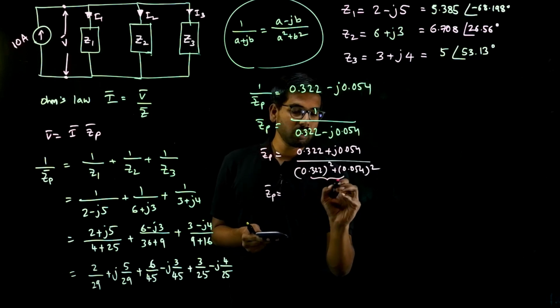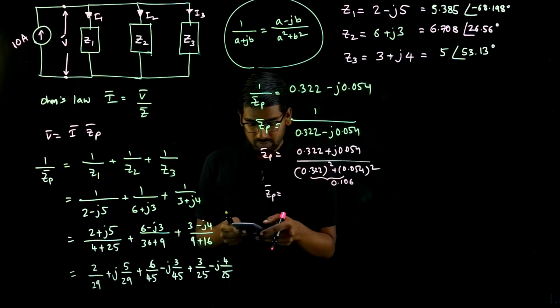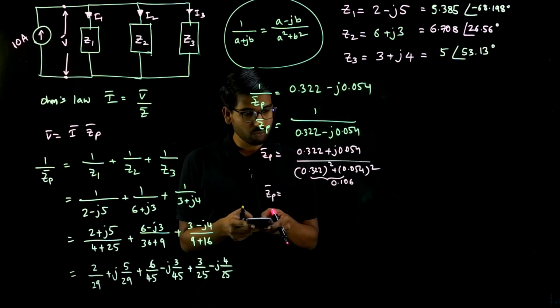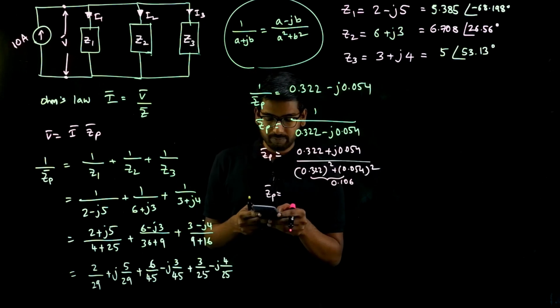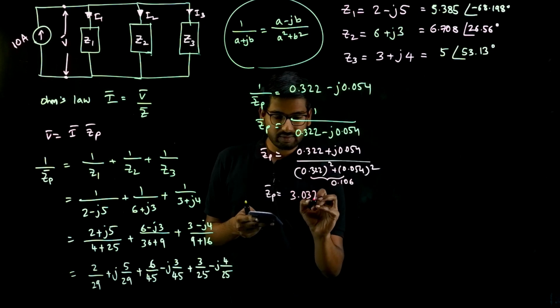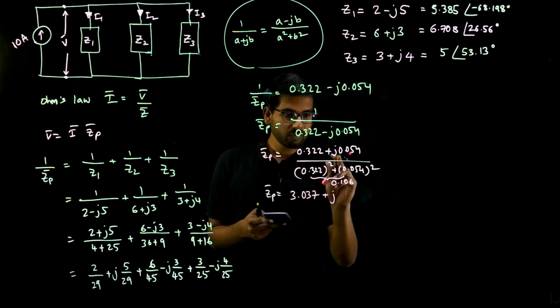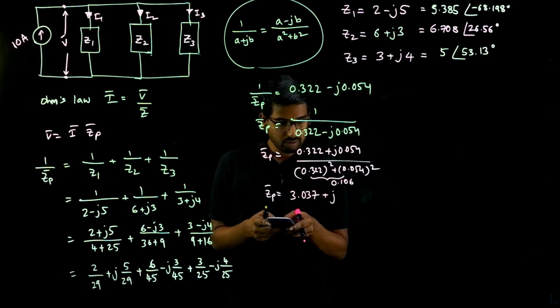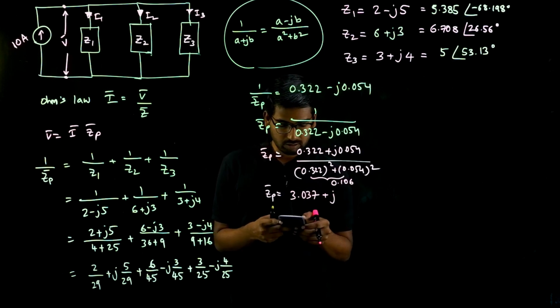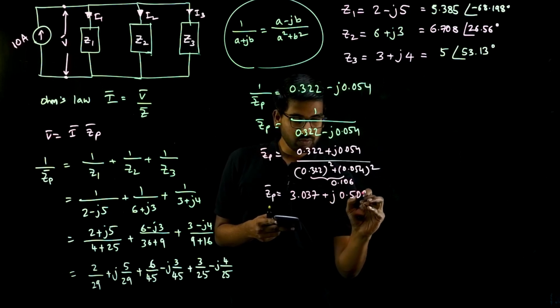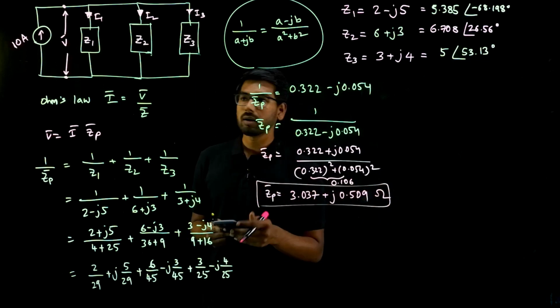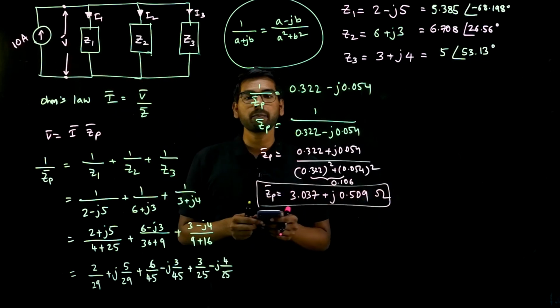So Zp will be 0.322 by 0.106, that will be 3.037 plus j 0.054 by 0.106 will give me 0.509. Okay, now I have Zp, the effective impedance of these three parallel impedances.